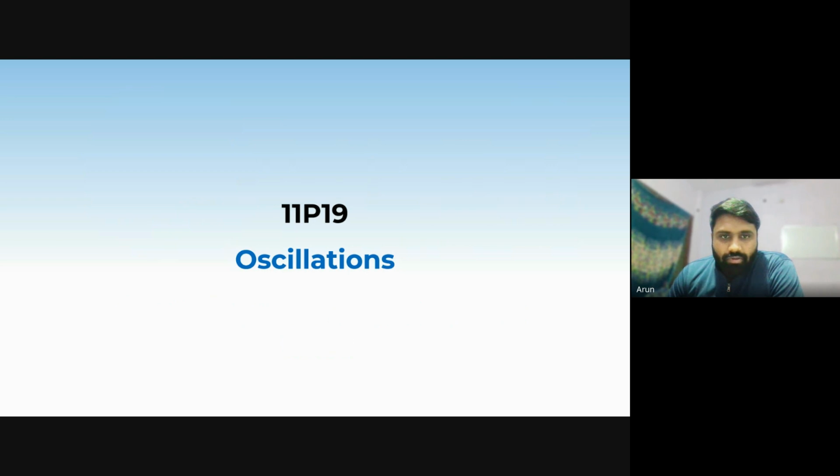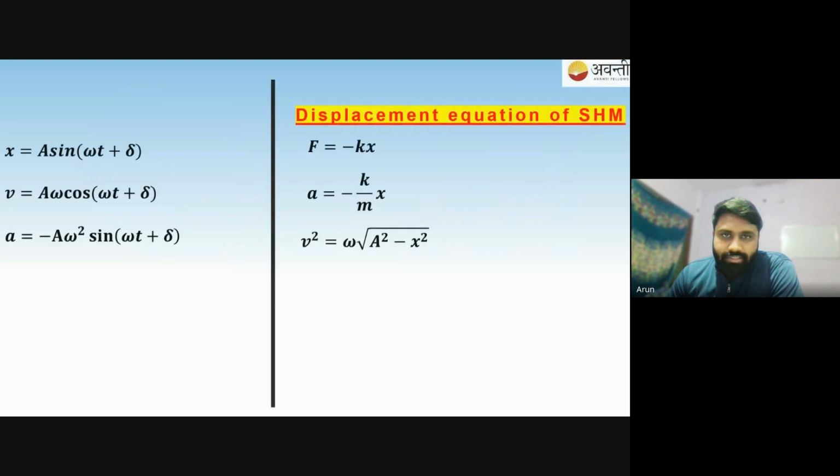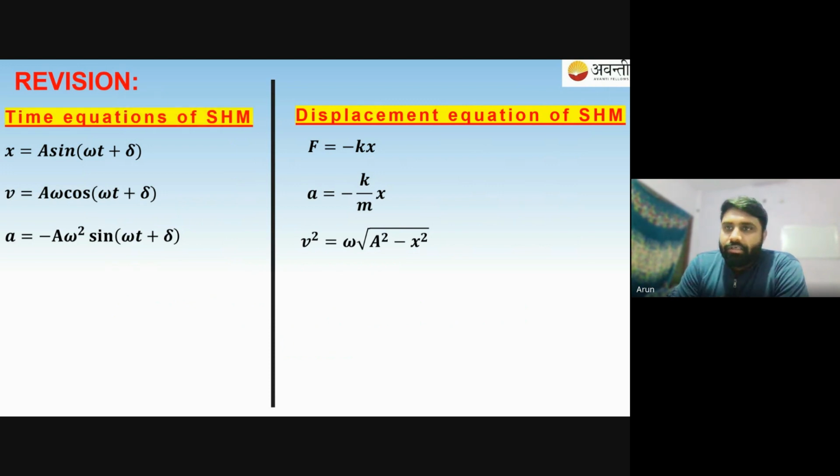We are with lecture number 4 here. Now, on oscillation, this is the revision that we are going to do today. In the previous lecture, we have seen the time equation of SHM and the displacement equation of SHM. Now, what is the difference? Here every physical quantity, the displacement, velocity and acceleration, are all variable with time.